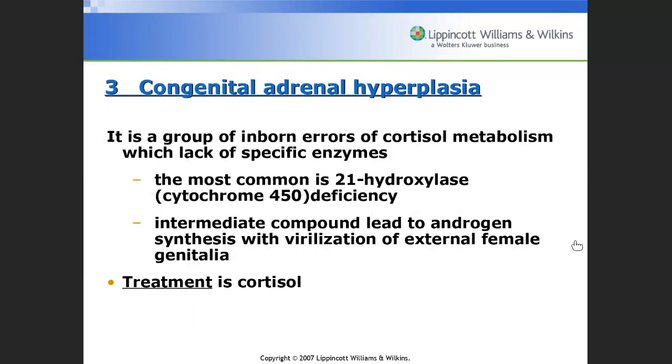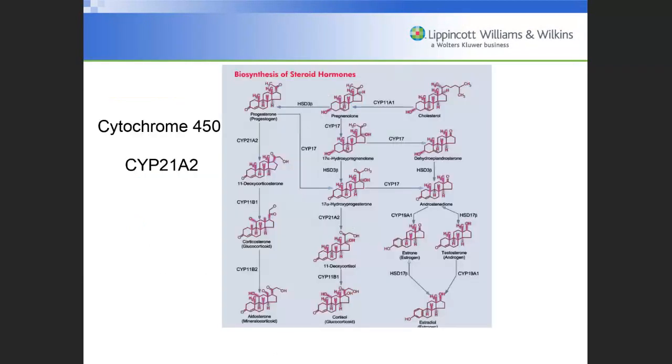Now, congenital adrenal hyperplasia is due to a mutation of cytochrome P450. In this case, I'm just going to show you here the biosynthesis of the steroids. All the steroids come from a cholesterol base.